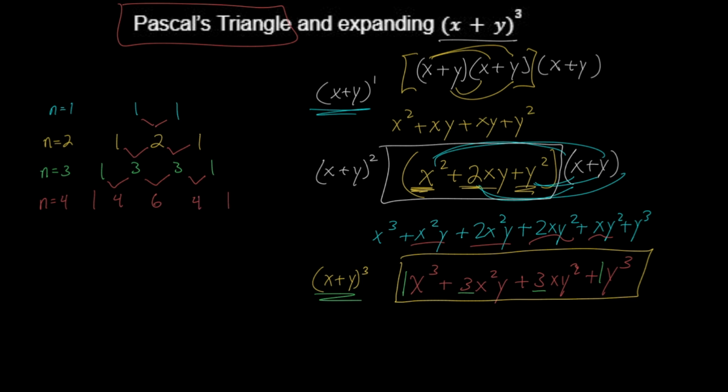And you can continue this pattern indefinitely, just adding the two numbers right above it. It's very similar to Fibonacci sequence, just a little bit more expansive of a pattern. But yeah, it can be used to expand binomials, which we'll do in the next couple of examples.